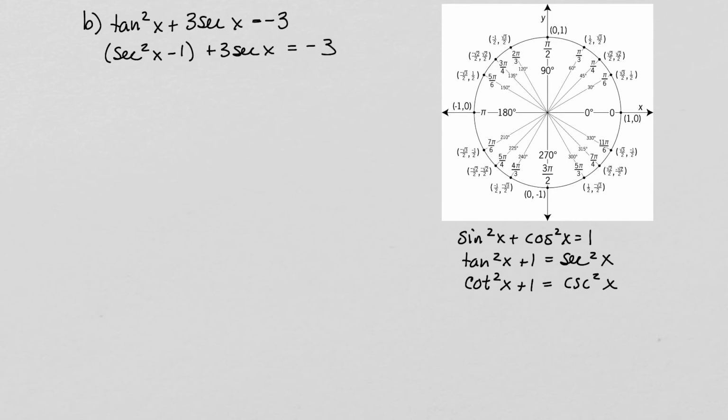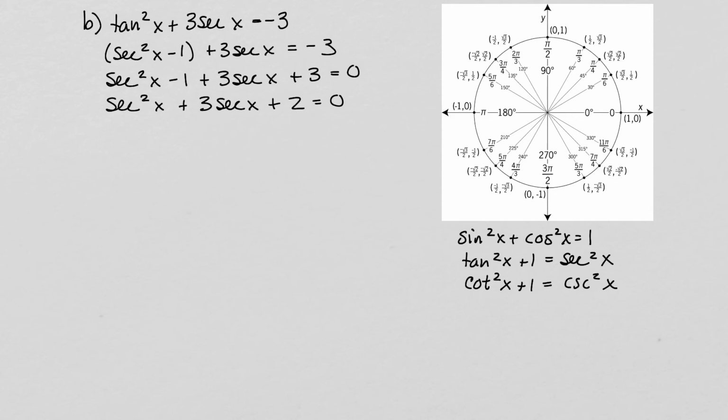So if I bring everything over to the left-hand side, so we move that minus 3 over, we have secant squared x minus 1 plus 3 secant x plus 3 equals 0. Or secant squared x plus 3 secant x plus 2 equals 0.